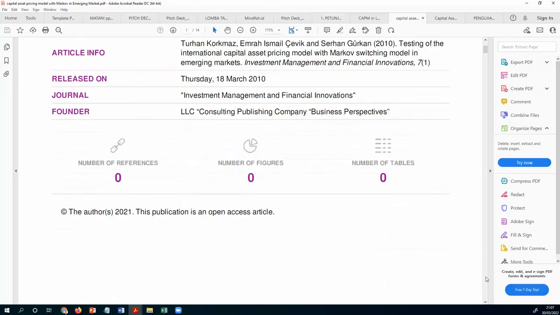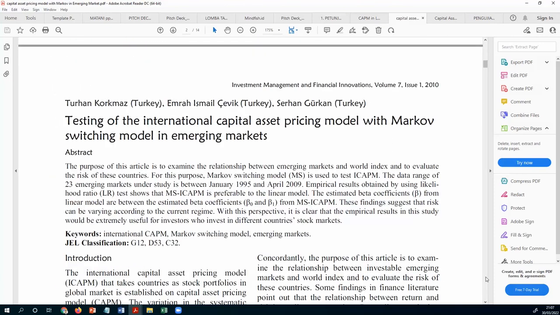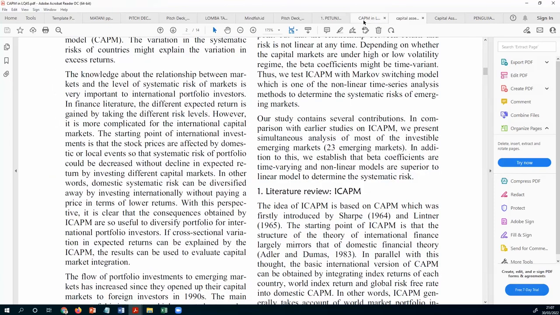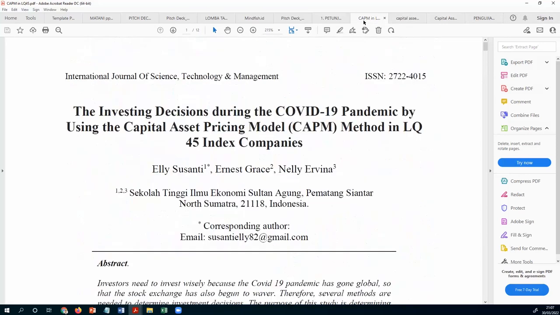So when you are selecting the stocks, you need to calculate which stock gives better return, isn't it? When you are selecting stocks, you need to select which stocks give better return.